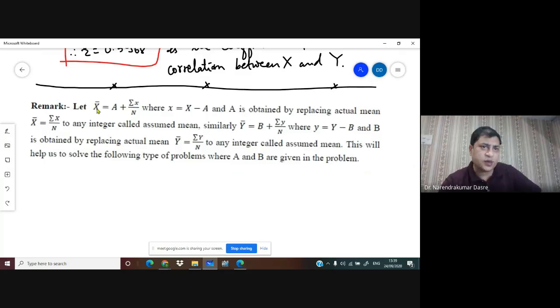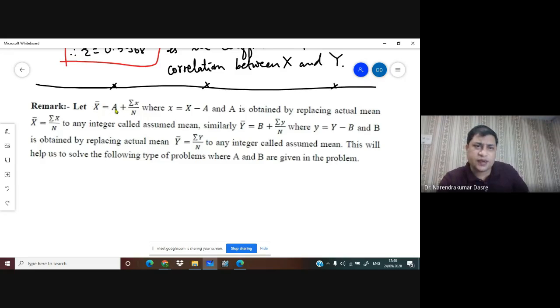So let x bar be the actual mean, and A is the assumed mean. Okay, so A is the assumed mean, and then you can have the deviation from this assumed mean. This small x is the deviation from the assumed mean. Okay, it is not the actual mean deviation, it is the assumed mean deviation. So we have to understand these relations.